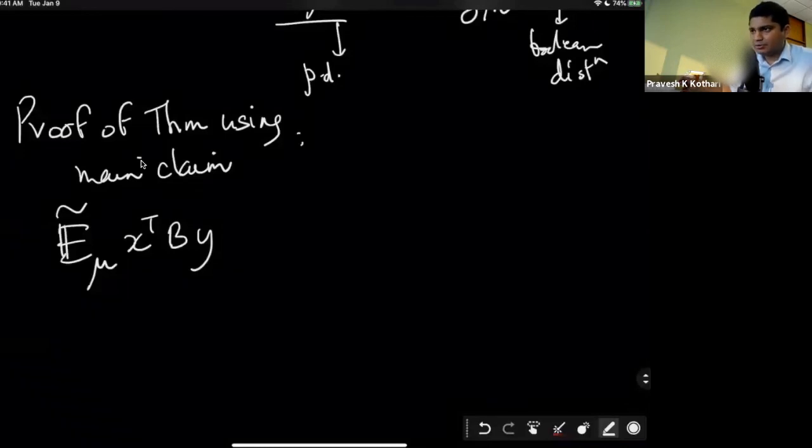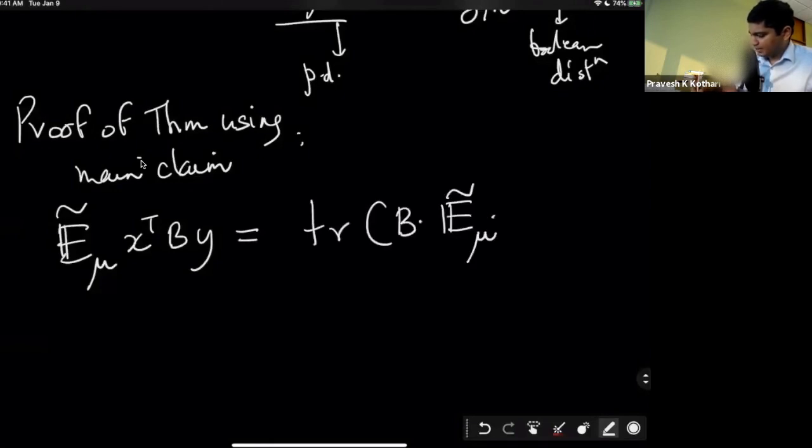If you have a pseudo distribution over the concatenation of X and Y, then that's the value I get. Well, this equals, just by rearranging, the trace of the matrix B times E mu of X Y transposed.